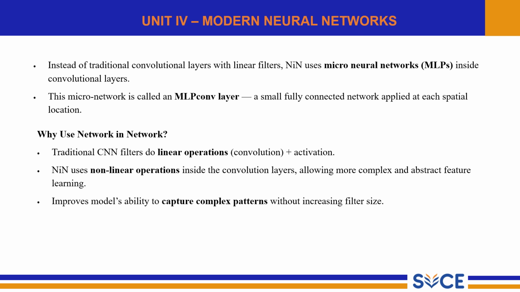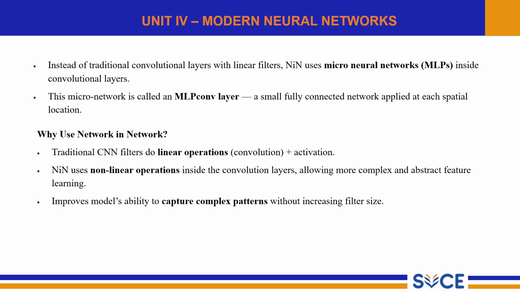NIN takes this idea further by embedding micro neural networks, specifically small fully connected networks called MLP convolution layers, inside the convolutional layer. So instead of applying a single linear filter at each spatial location, NIN applies a tiny multi-layer perceptron to learn more complex non-linear transformations.